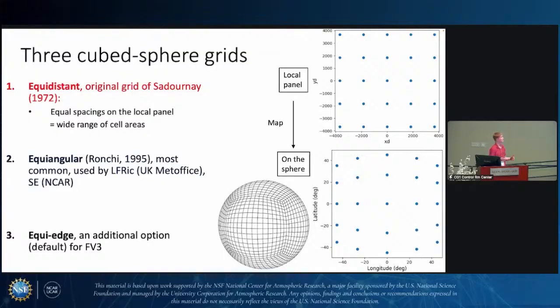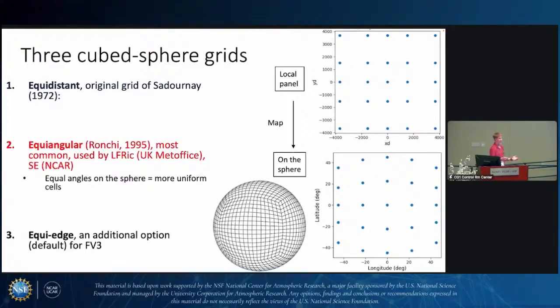So the first was the equidistant grid, where basically each of these cube faces was split into equal areas. But the issue with this is if you project it onto the sphere, you get quite a range of cell areas. So the equiangular cube-sphere grid is probably the most common. So this is used in CAM-SE and also by the UK Met Office. And this is where you define equal areas on the sphere itself.